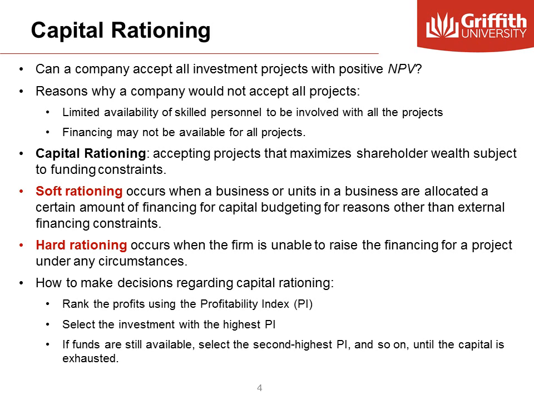Hard rationing, on the other hand, occurs when the firm is unable to raise the financing for a project under any circumstances. This occurs when the company experiences financial distress and is in no position to raise more capital. The problem with the NPV rule when there is capital rationing is that it is a dollar value.